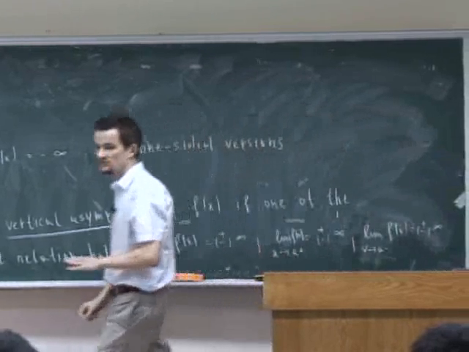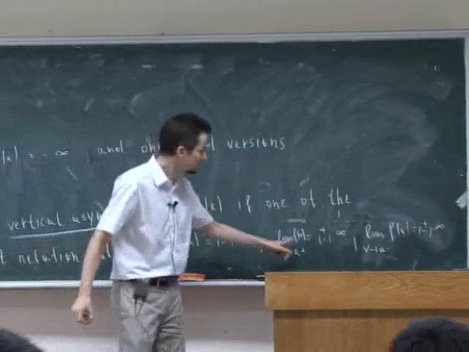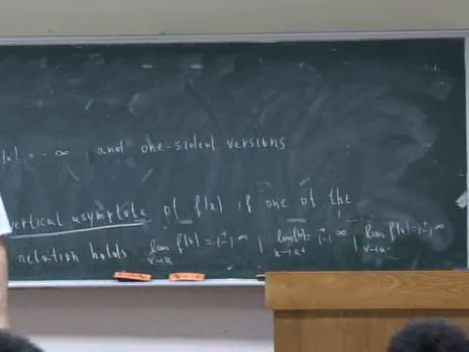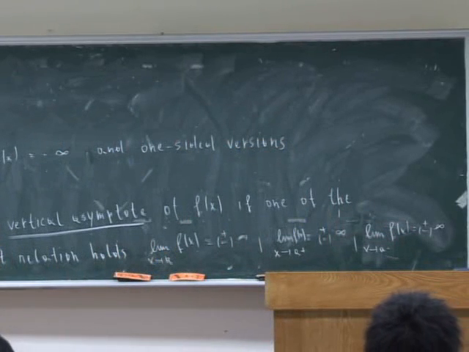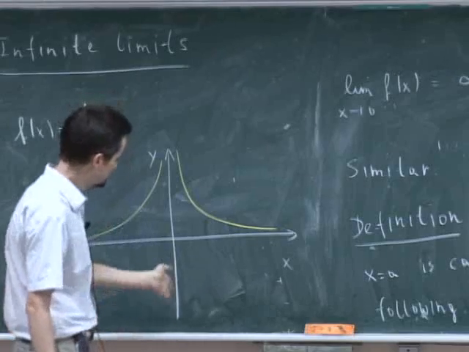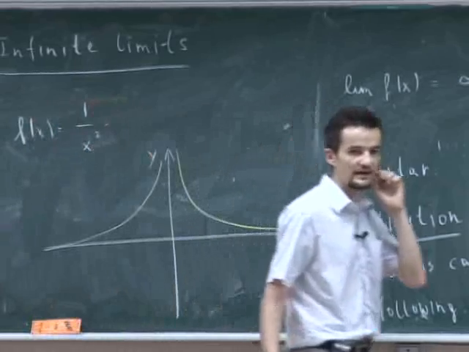Okay, one of those. So either this one or this one or this one or this one or this one or this one. Six possibilities. In this case, the vertical line x is equal to a is called the vertical asymptote of the function. So for instance, for this function, x is equal to 0, so the y-axis is a vertical asymptote.